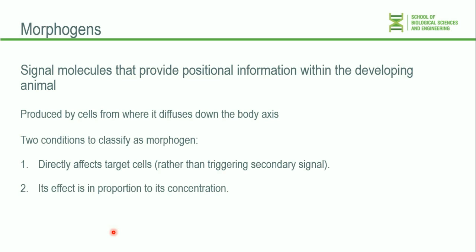Now, the next very important class of molecules that is very, very important for differentiation of cells are called morphogens. Now, morphogens are signal molecules that provide positional information within the developing animal. Remember that first experiment that we talked about.